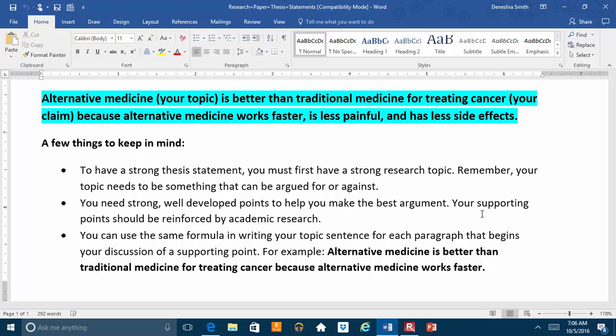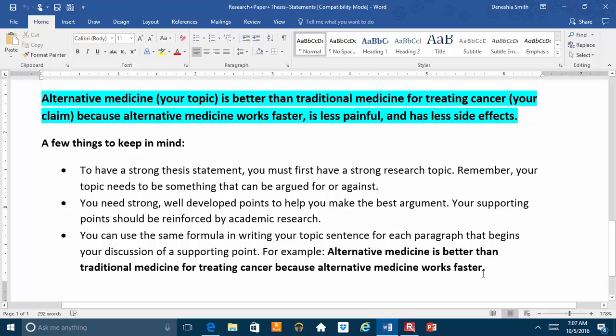For example, our thesis statement is: alternative medicine is better than traditional medicine for treating cancer because alternative medicine works faster, is less painful, and has less side effects. We can pull from that thesis statement to write every single topic sentence that we need. We could say, alternative medicine is better than traditional medicine for treating cancer because alternative medicine works faster.